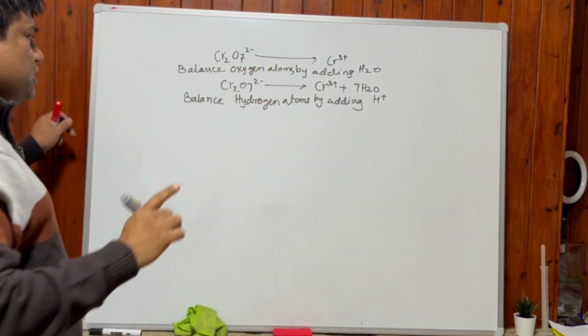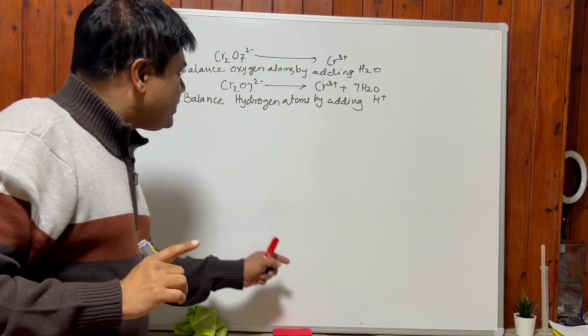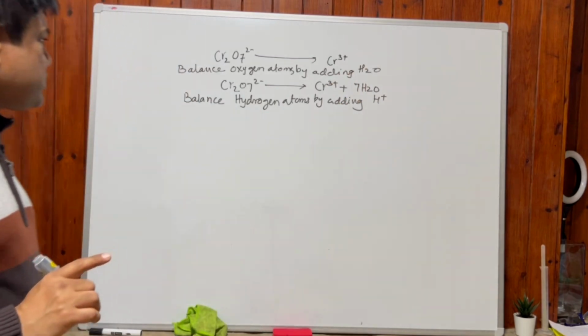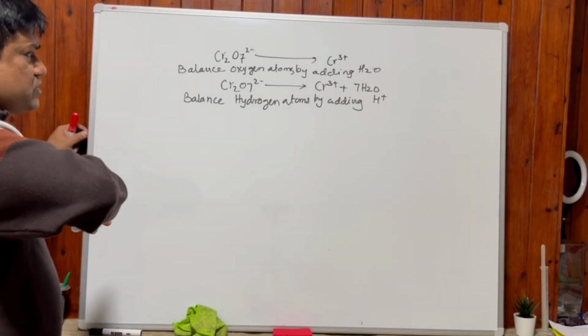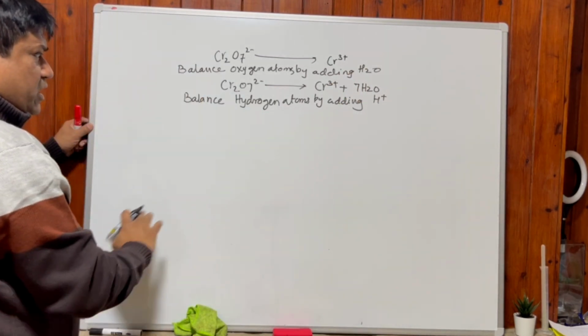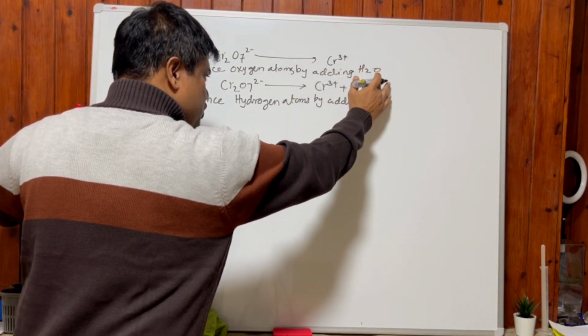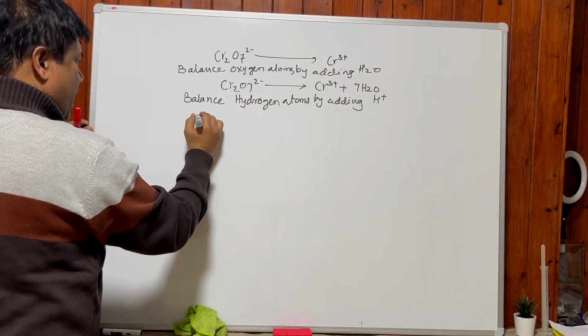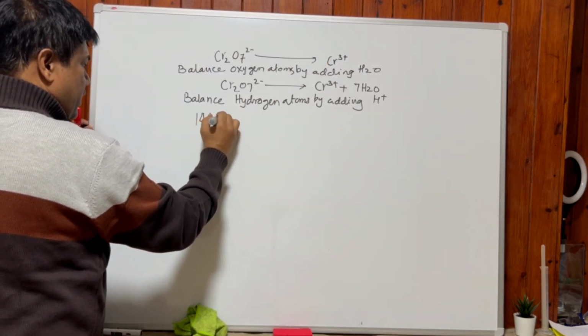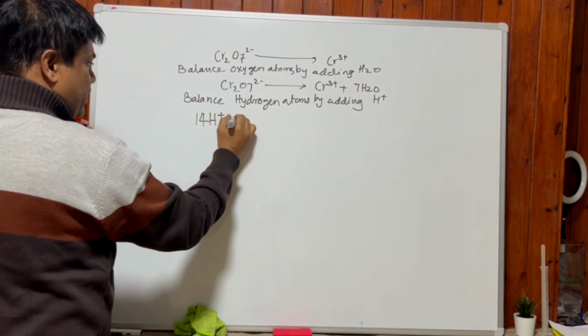We are balancing the half equation in acidic medium, that's why we are using H+ ions. On which side, guys? On the left side, because on the right-hand side I have 14 hydrogens in excess. So add 14 H+.